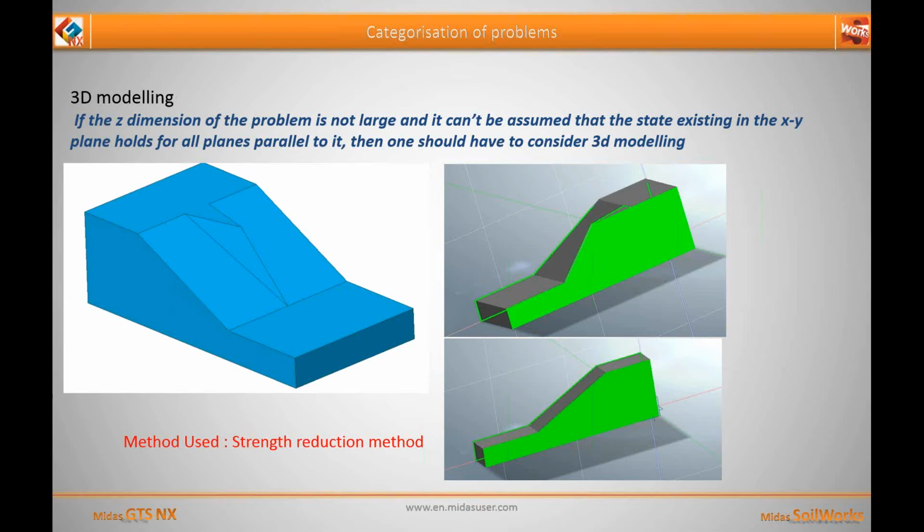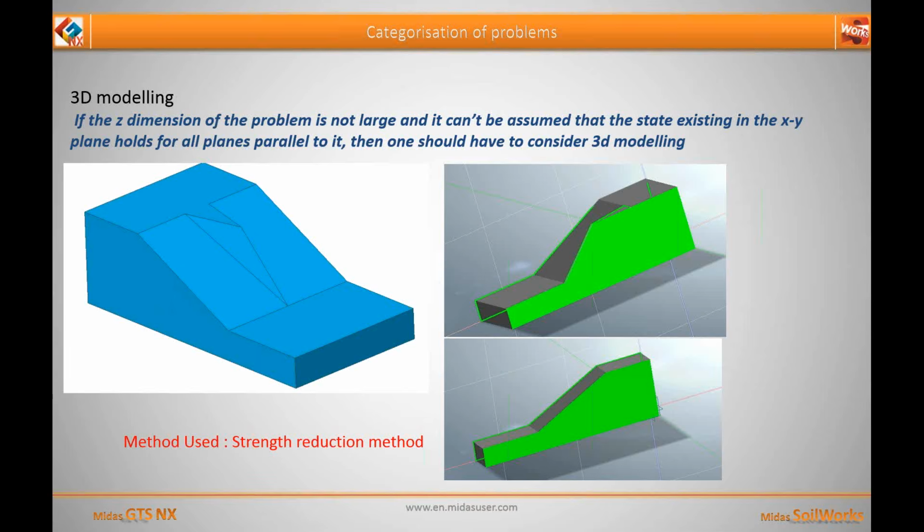Now the second type of problem is the 3D problem. This is the case when the Z dimension of the problem is not very large, and you can't assume that the state existing in the XY plane holds for all the planes parallel to it. For example, you can see in the figure that there is a wedge kind of thing in the model.